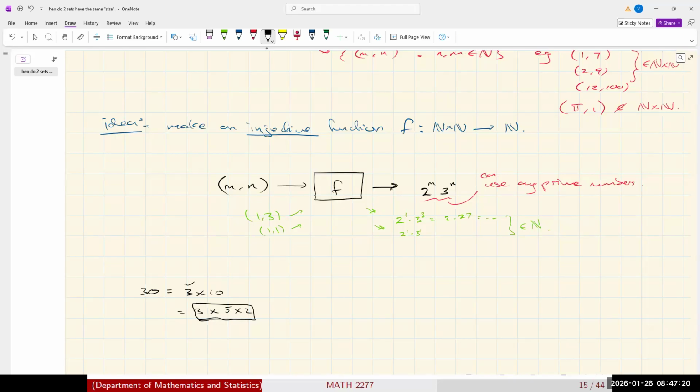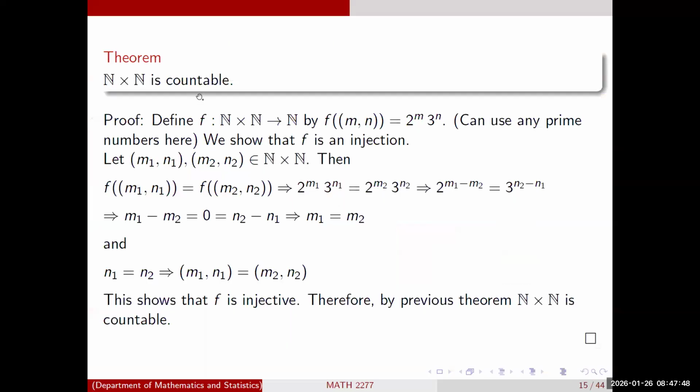So if we have 2 prime numbers, let's say 5 to some power x equals 11 to some power y, then this is only true if x is equal to 0 and y is equal to 0, because in that case anything to the power of 0 is 1. That's the idea on which this proof works.